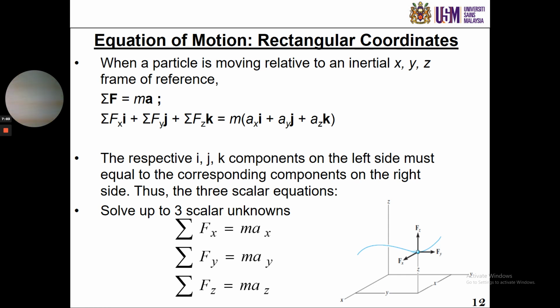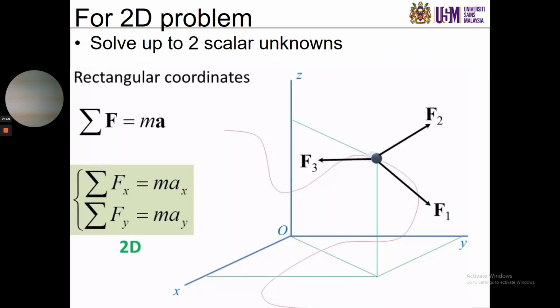So make sure you know how to divide those components i, j, k, x, y, and z. That is for the rectangular coordinates. For a 2D problem, all you have to do is solve for 2 components: sum of force in x equals max, sum of force in y equals may.